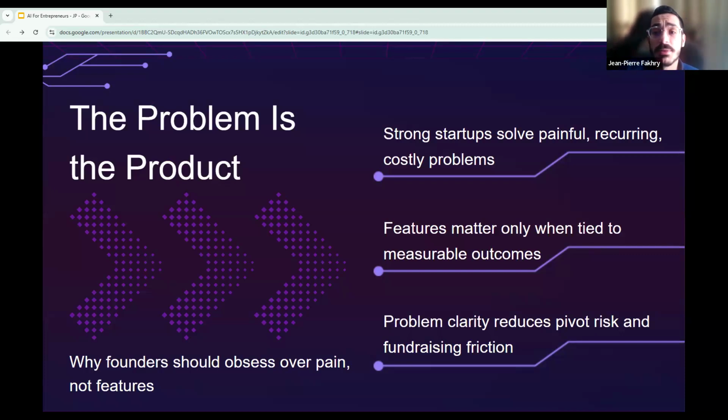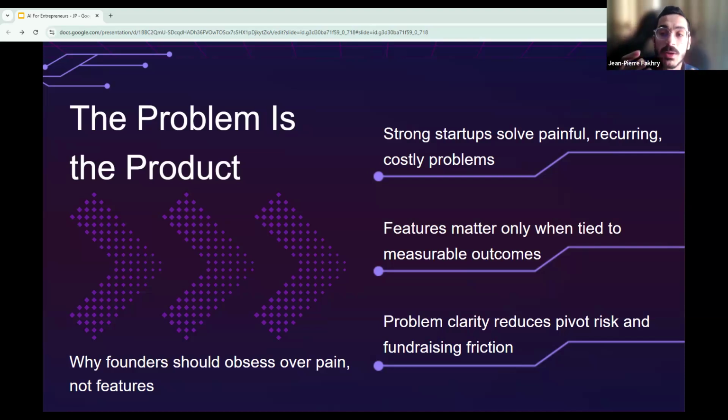Not something that people think is cool. Not something that uses the newest technology. Something they actively want badly enough to change their behavior and pay for. That obsession, basically, with want, with pain, is what separates the YC founders from average founders.